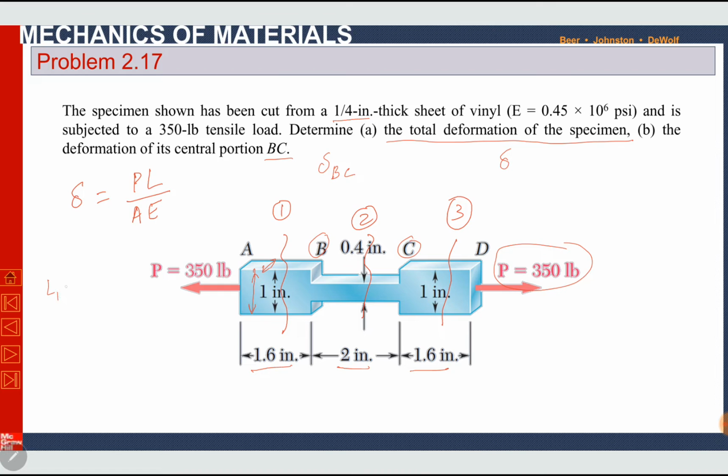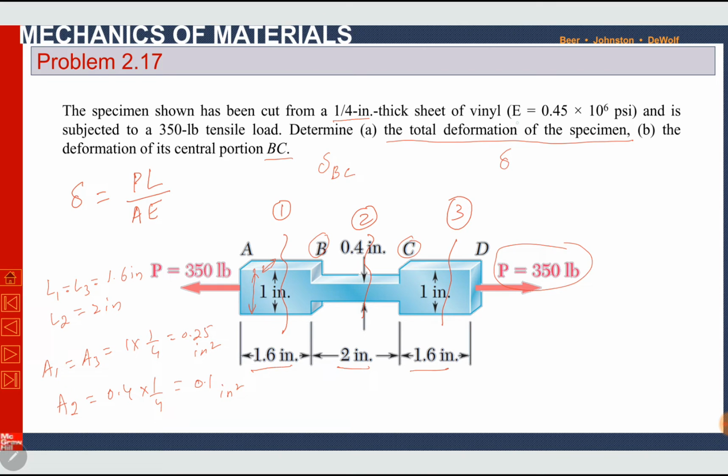So L1 and L3 both are 1.6 inches, L2 is 2 inches, A1 and A3 are 1 times 1/4, 0.25 square inch. A2 is equal to 0.4 times 1/4. It comes out to be 0.1 square inch.